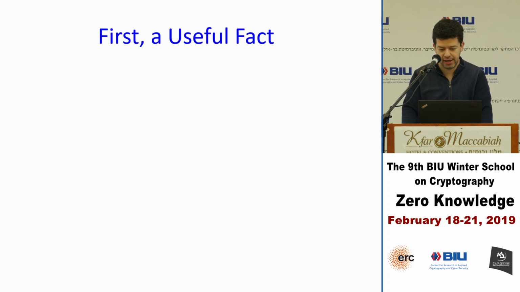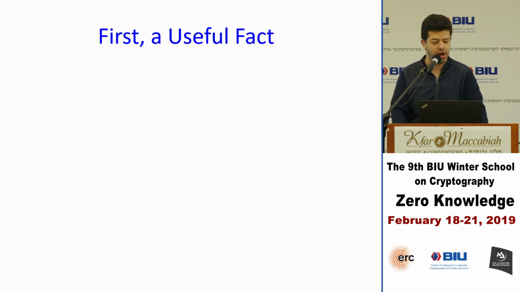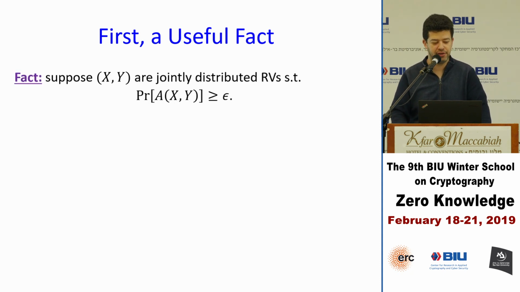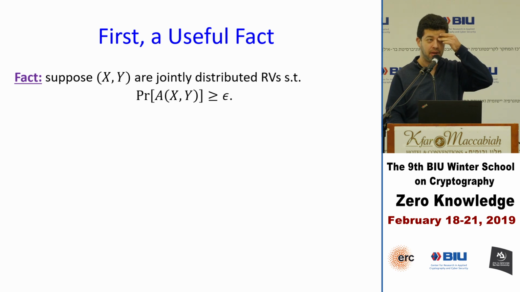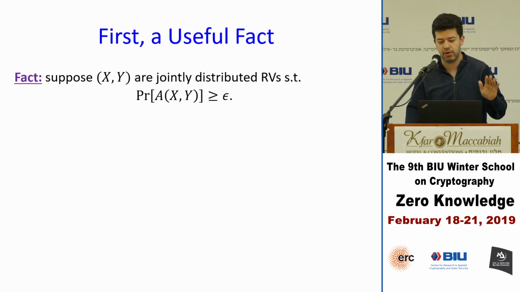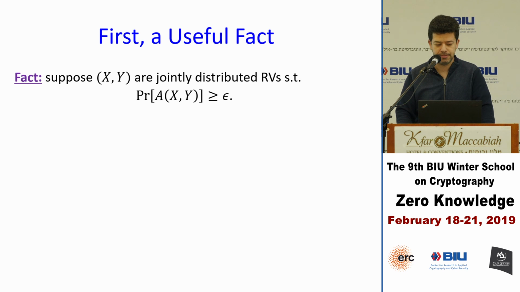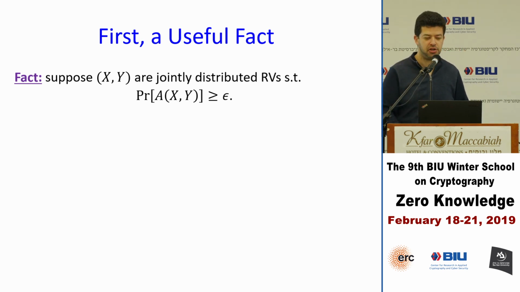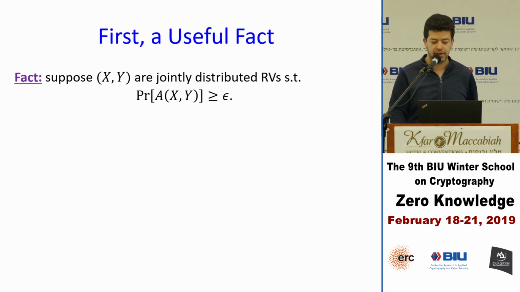Okay, so to do that, it's not going to be terribly complicated, but we're going to use a little bit of probability. In particular, this useful fact, which is something that maybe some of you have seen, but I want to address also people who haven't seen it. It's a very generic and simple probabilistic statement saying the following.